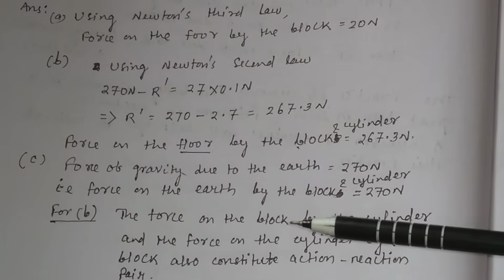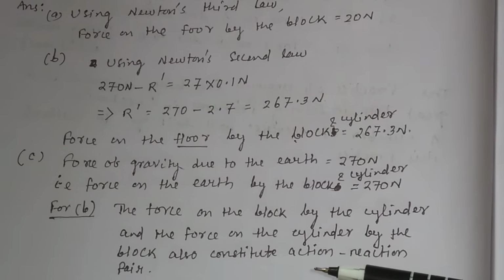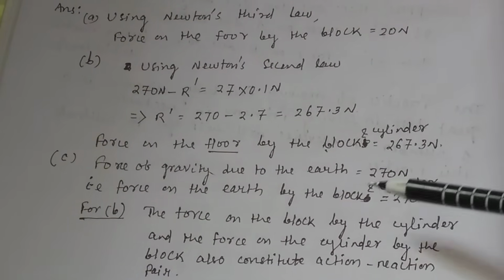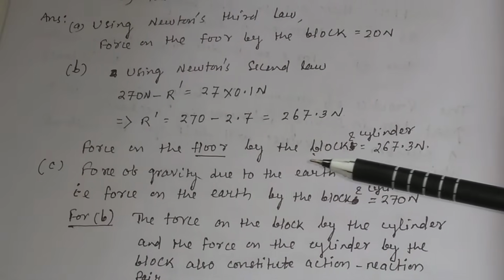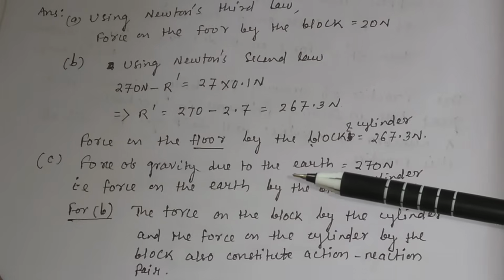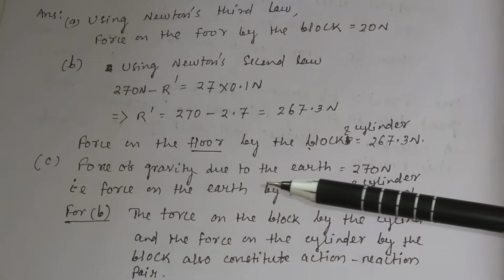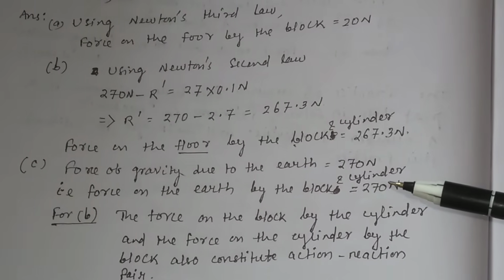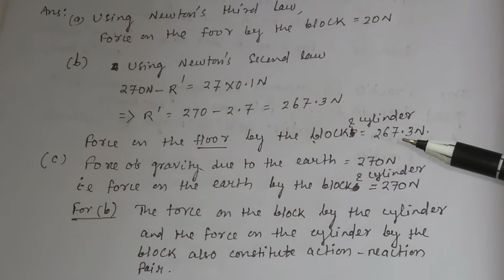Sorry, this is for the case B, not for the case A. That is, for the case B, the force on the floor by the block and cylinder is equal to 267.3 Newton, but the force of gravity due to the earth, that is the force on the earth by the block and cylinder, is equal to 270 Newton.